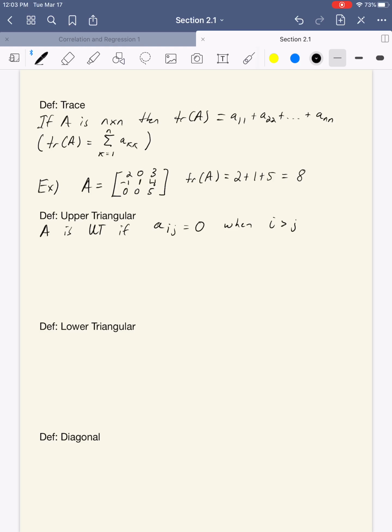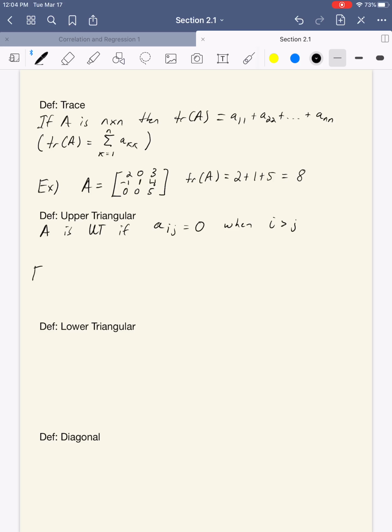What that's basically saying is that a matrix is upper triangular if the only non-zero values occur when you are in the upper half of the matrix. In other words, all the values below the diagonal, whenever that row position is larger than the column position, those elements need to be 0 for it to be upper triangular.